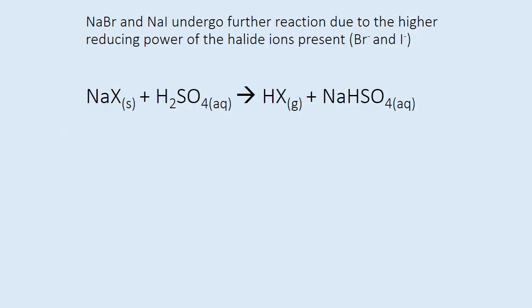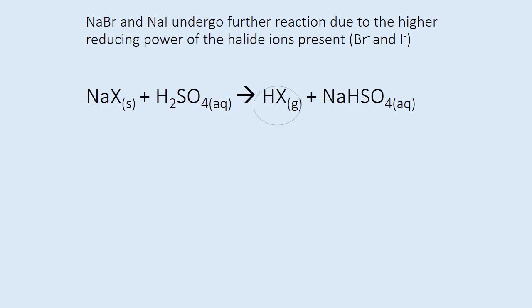When it comes to sodium bromide and sodium iodide though, they will undergo a further reaction because they are able to reduce the sulfuric acid rather than just react with it. So we actually get a redox reaction taking place here because of the reducing power of iodide and bromide being better than the chloride and fluoride.